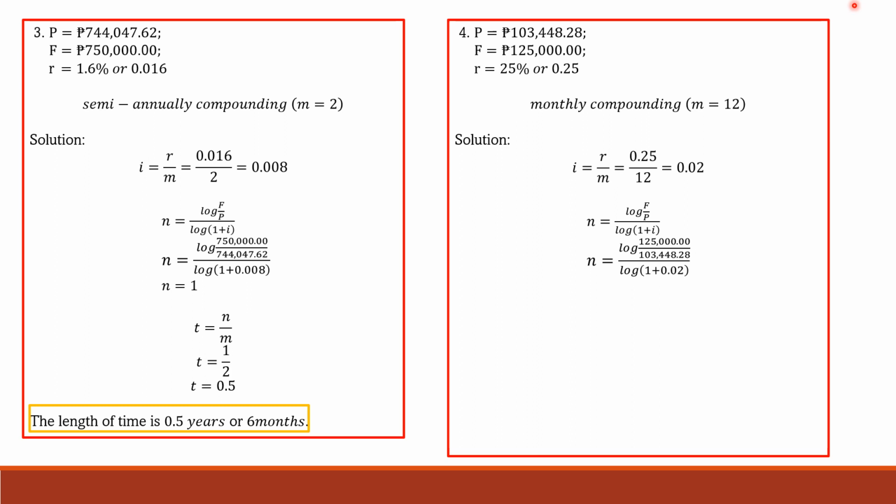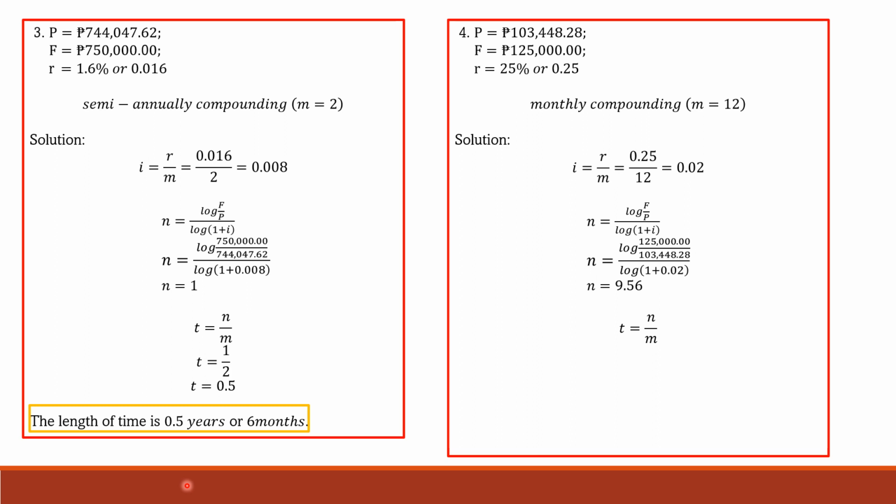So, logarithm of, ang ating future value ay 125,000 pesos. Ayan po yun. Ang ating present value is 103,448.28. Ito po yun. Divided by logarithm of 1 plus, ang I po natin ay 0.02. Ang value ng N natin is 9.56. So, yan po ang ating isa-substitute sa ating formula.